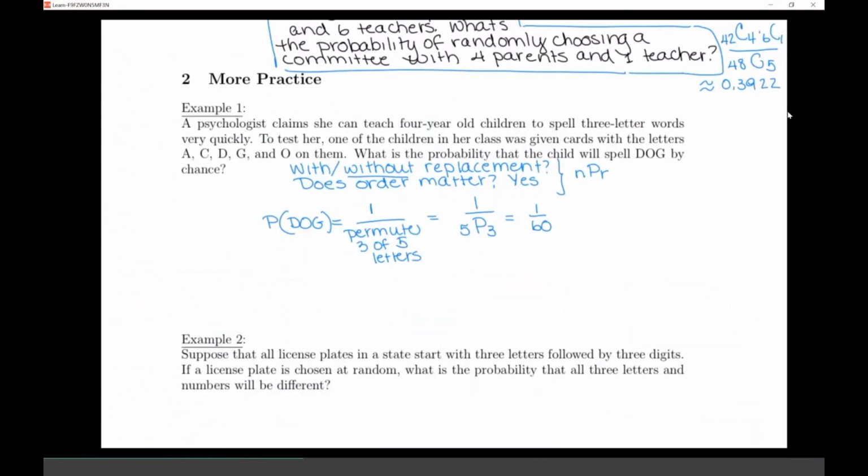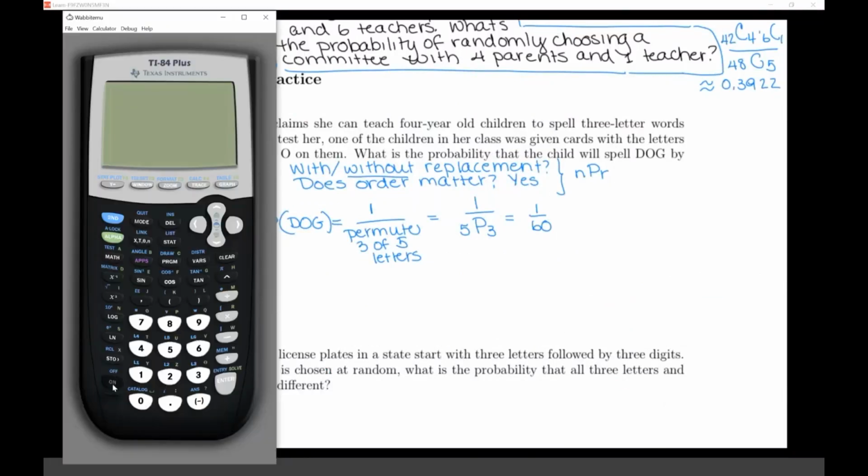Is this a high or a low probability? High or low probability? What do you think? Is this likely to happen or not? Anybody have any thoughts?